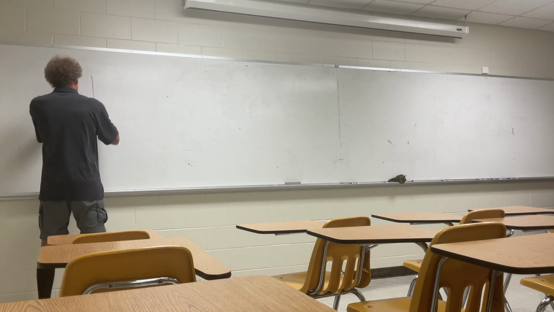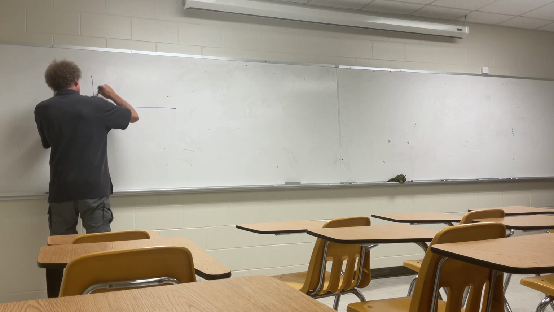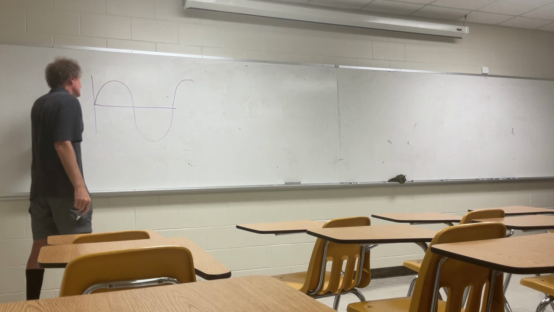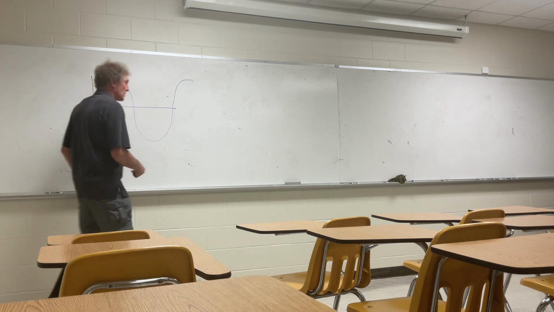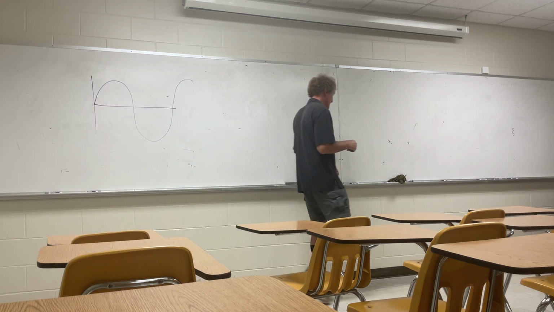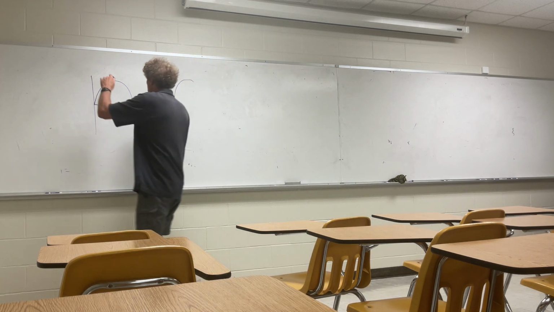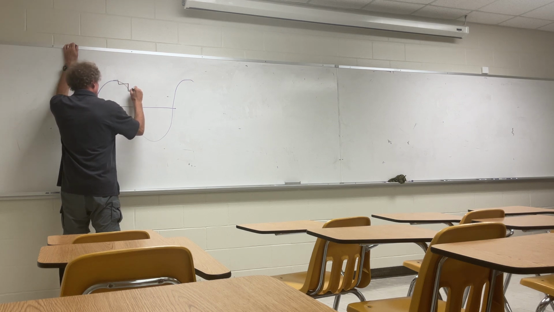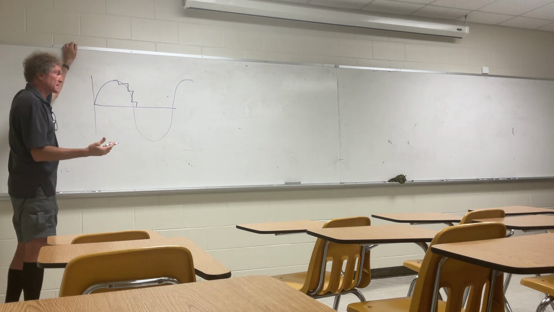When we have an analog signal, we'll use a basic sine wave. This is probably the easiest thing to imagine. If you have a sine wave like that and you want to go from A to D, you take this and basically have a sawtooth wave like this that represents the levels.